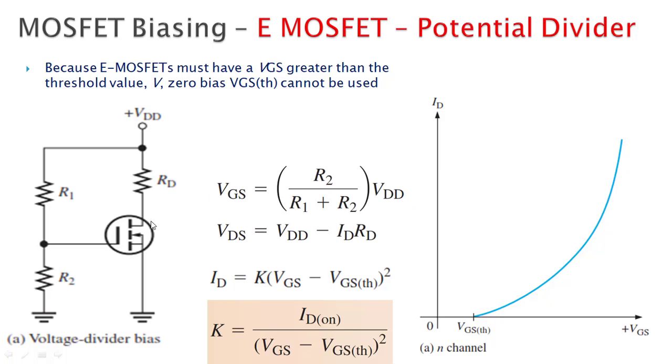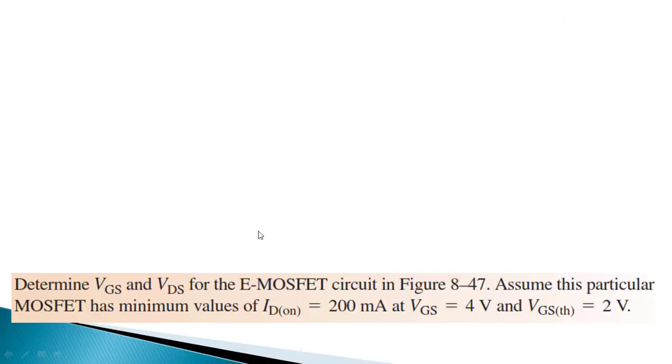Also VDS is equal to VDD minus ID into RD. These are simply 2 equations. Also ID is equal to K into (VGS minus VGS Th) whole square, and K is equal to ID on divided by (VGS on minus VGS Th) whole square, which we already saw in the previous slides. Using these expressions we are going to solve a problem.